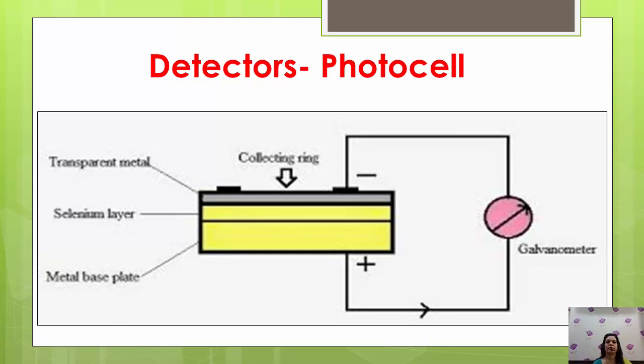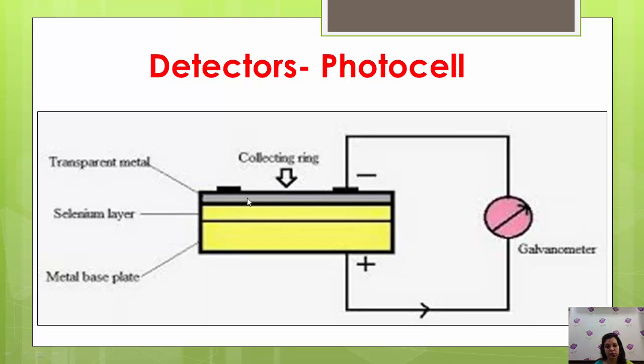Photocell: it is actually a PN junction semiconductor, which we are utilizing along with a galvanometer. When the emitted energy in the form of light, photons, comes and strikes this upper part, where a transparent metal has been utilized, it converts photons into electrons.